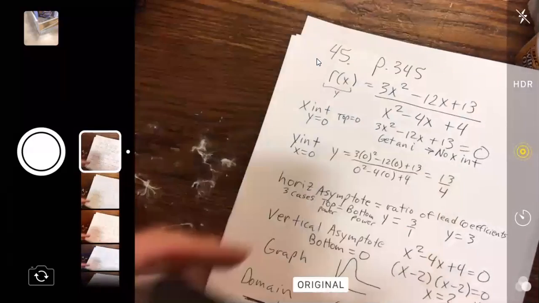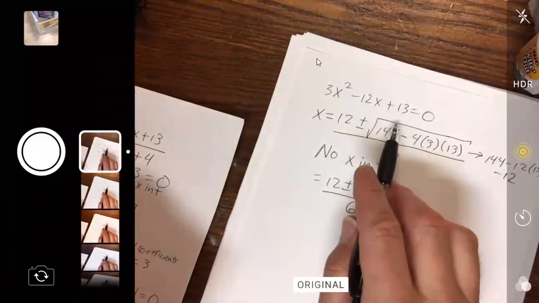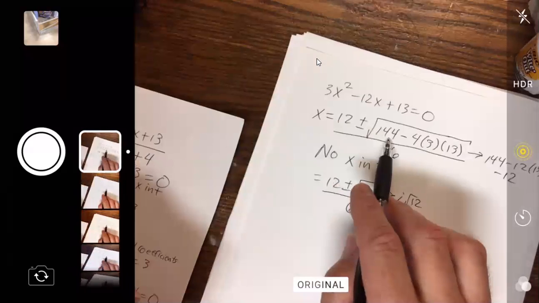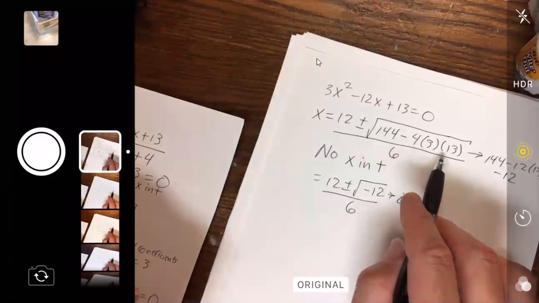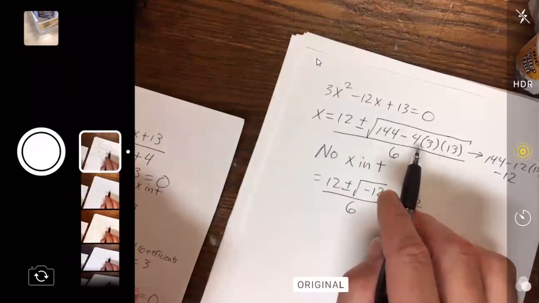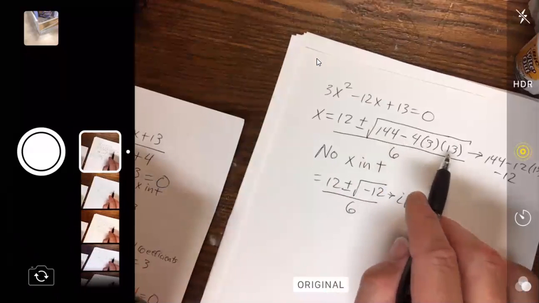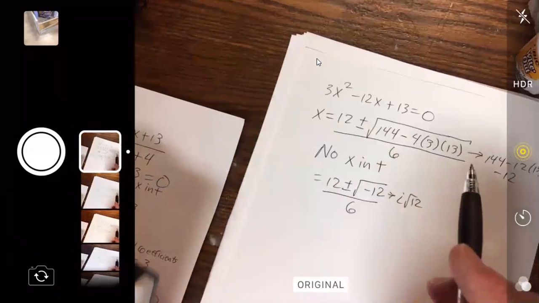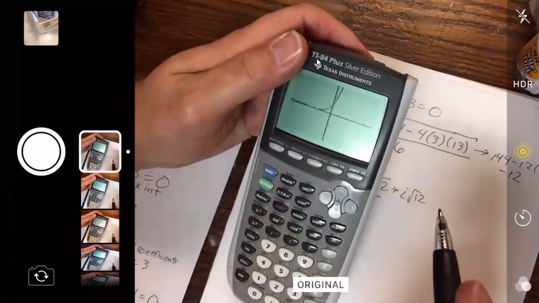No, this is good. Let's see. Yeah, 12 times 13, I think it's 156. That's where you're getting the negative 12. Golly, I think it's dipping here, but it's not touching the x-axis.